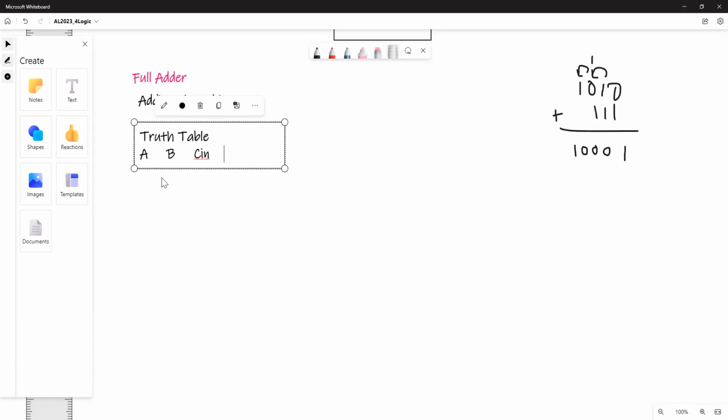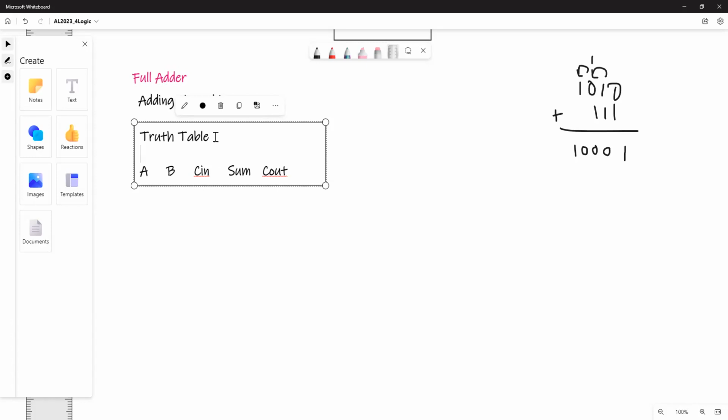And then the outputs are sum and carry out. So the first three are the inputs, and here we have outputs. So let's put up the values now. 3 bits, meaning you know how to put it.